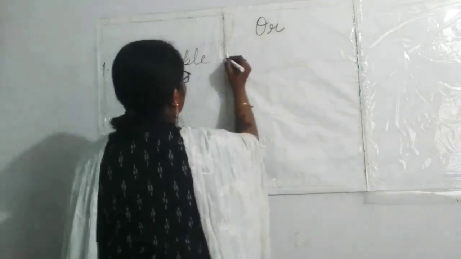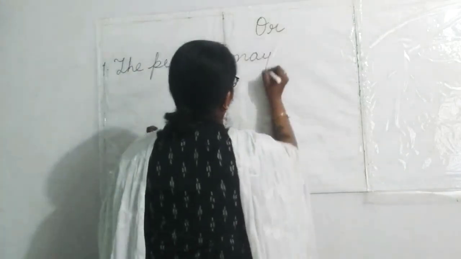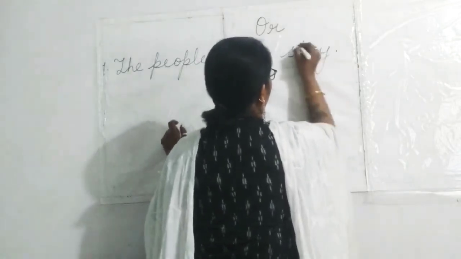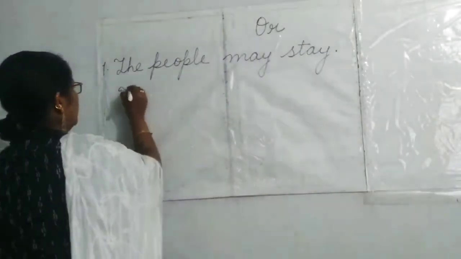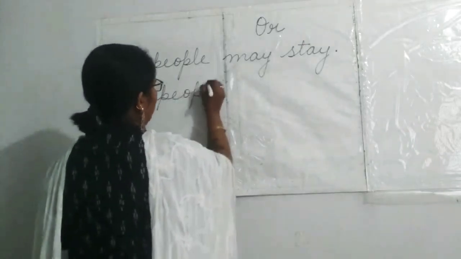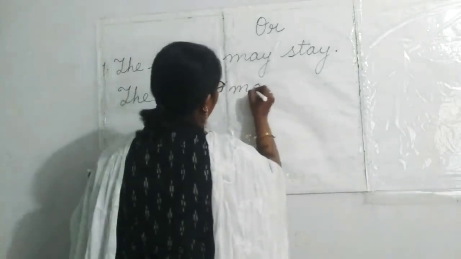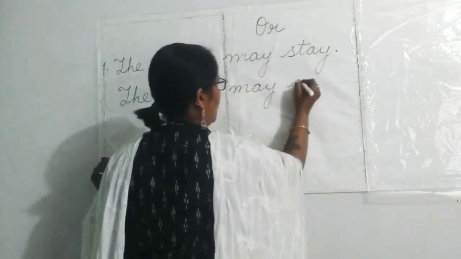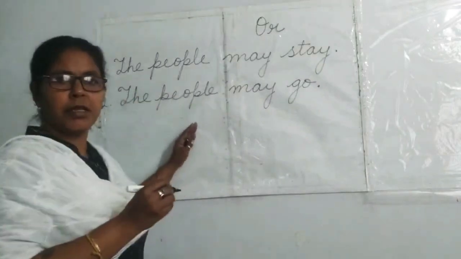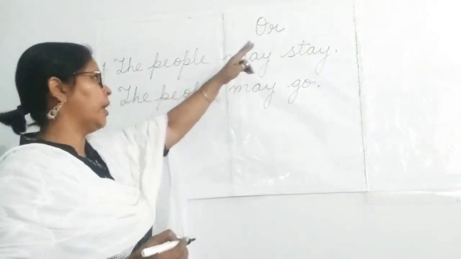The next one. The people may stay. Next one. The people may go. Two sentences are there. We are going to make it one with the help of or.